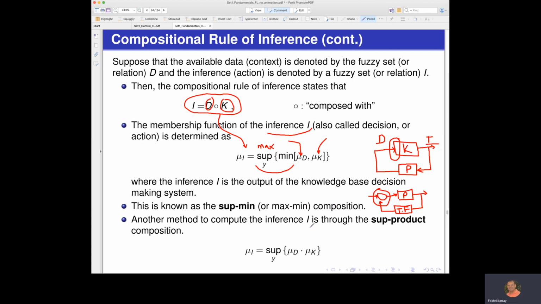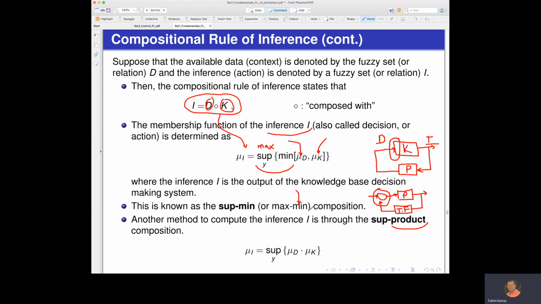Another method to compute the inference is through the sup-product. Remember that the min here is the default of the T-norm operator for a particular system. So the min could also be the product in the representation in the form of the T-norm.